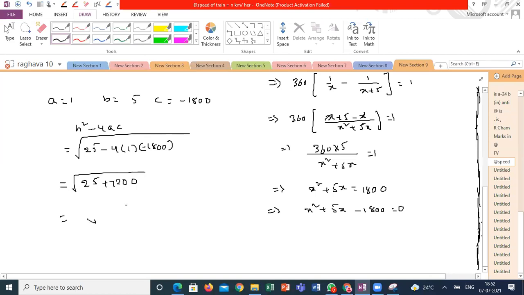So this is root of 7225. What is the root of 7225? 65 square is how much, guys?